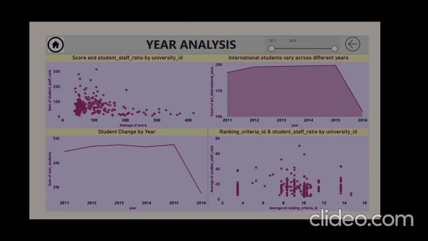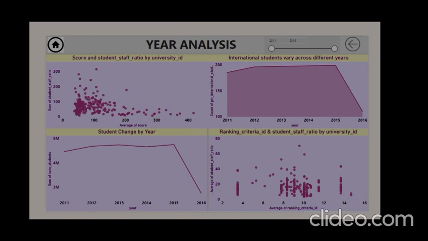Now we move towards our fourth dashboard. This dashboard is made on the basis of year analysis, on the basis of score and student staff ratio by university ID, and international students vary across different years.